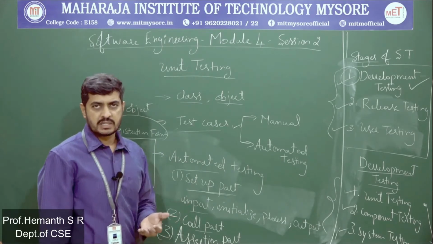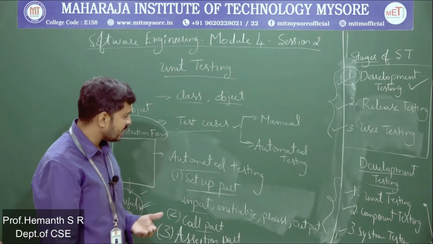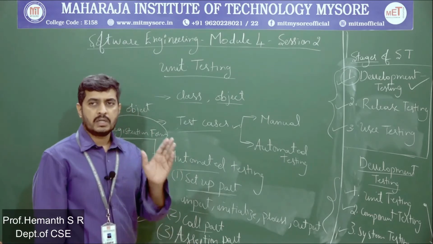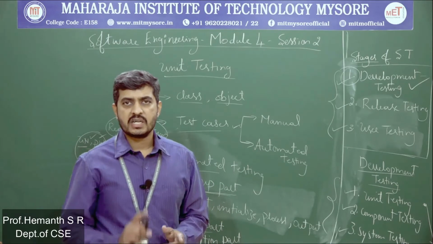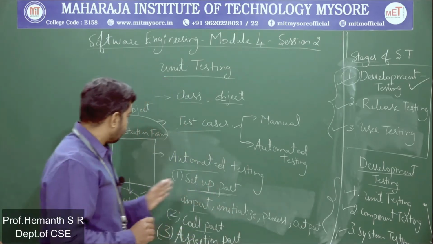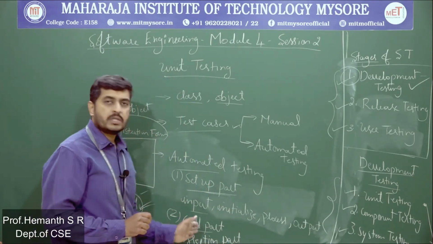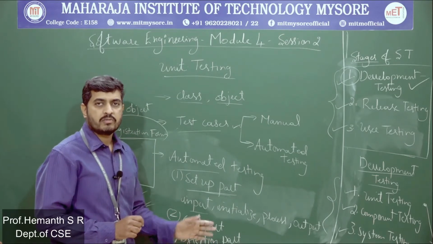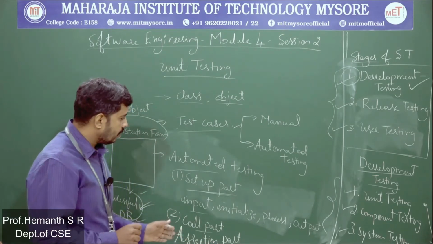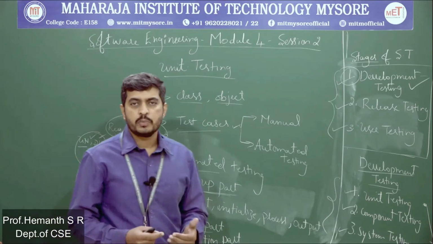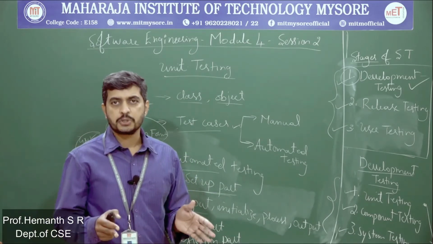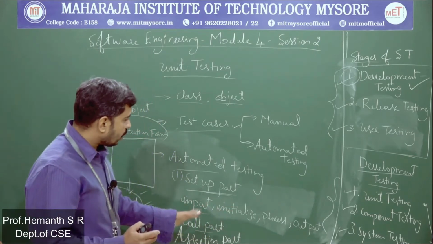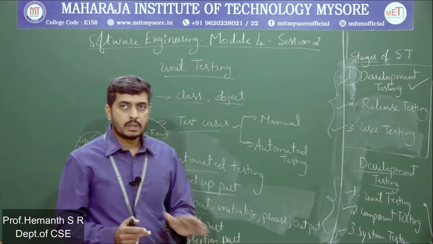Now what is there in a test case? A test case typically consists of a test case ID, because you can have hundreds of test cases, followed by the inputs that should be given as part of unit testing, what initializations need to be done, what process should take place, and what output is expected.